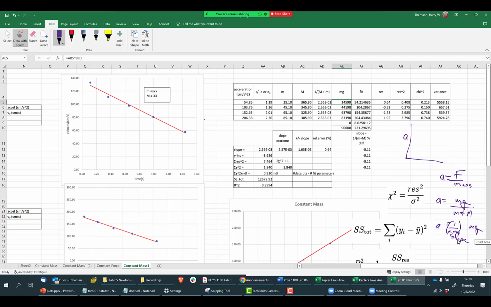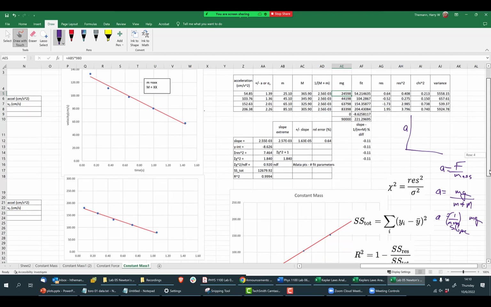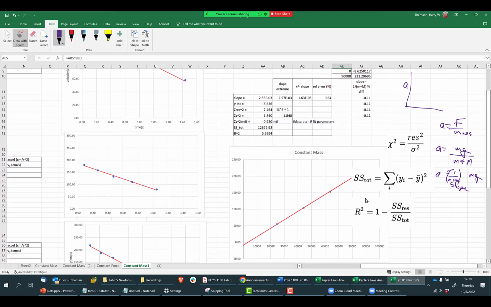And then when we do constant force, we use the same exact equation. So this is constant mass, I'll put it on the constant force sheet, but I want to finish the thought.